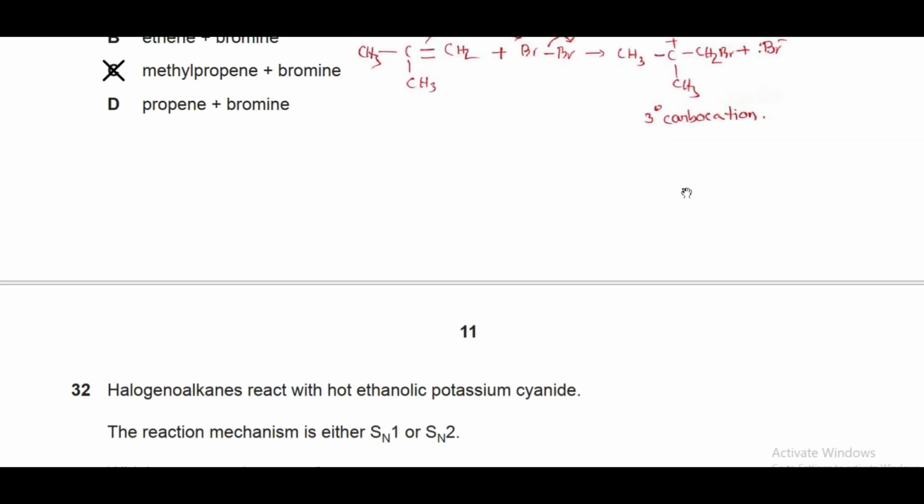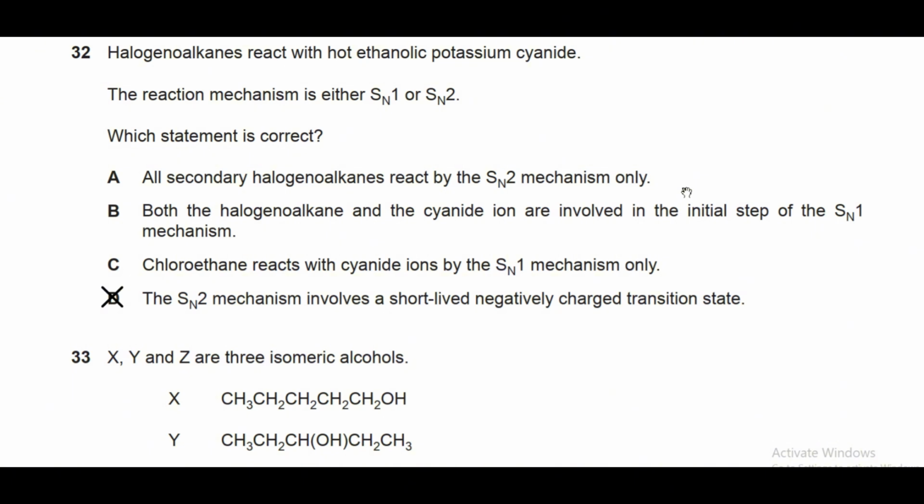Next, 32. Haloalkane reacts with hot ethanolic potassium cyanide.